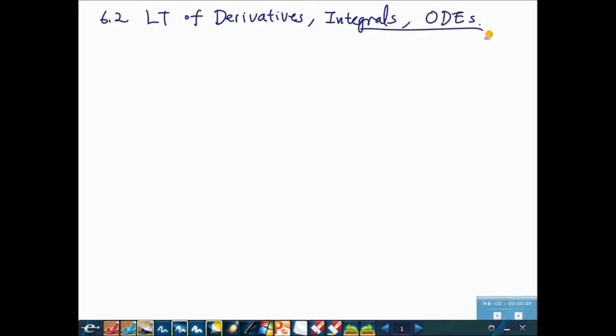Okay, so for derivatives: the Laplace transform of the first derivative, first order, is s times the Laplace transform of the original function, minus f of 0. Without proof, that's what differentiation is.